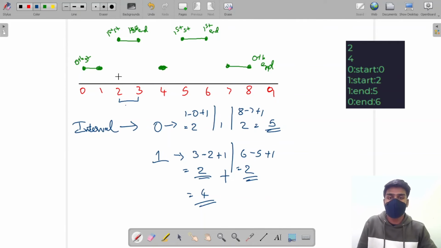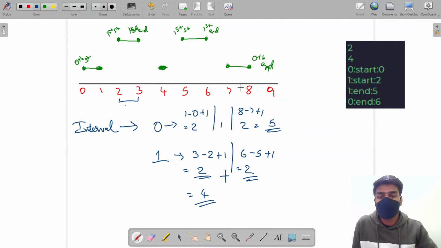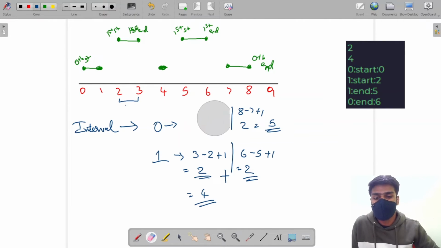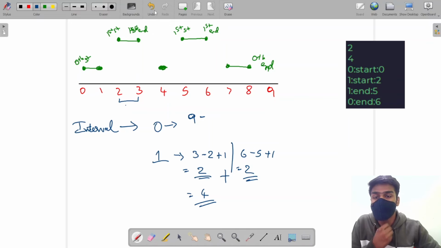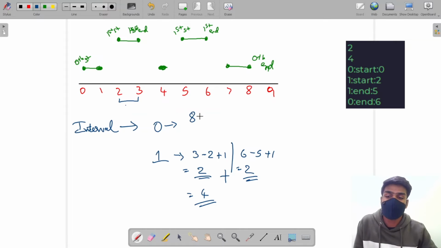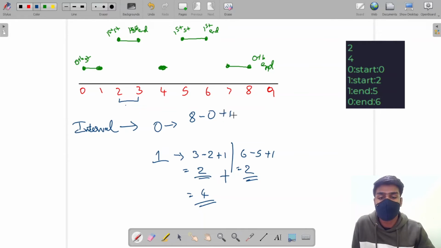This time I have calculated it together. If I do not calculate it together, what I will do: the total execution time of 0, the ending point of 0 is 8, and the starting point is 0, and I will add 1 to it.